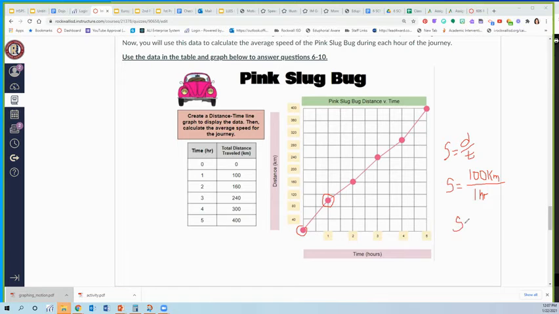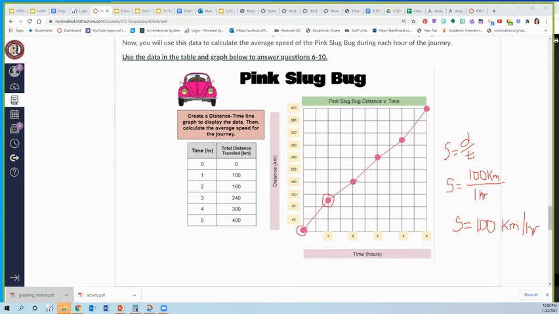So we all know that 100 divided by 1 is 100 kilometers per hour.